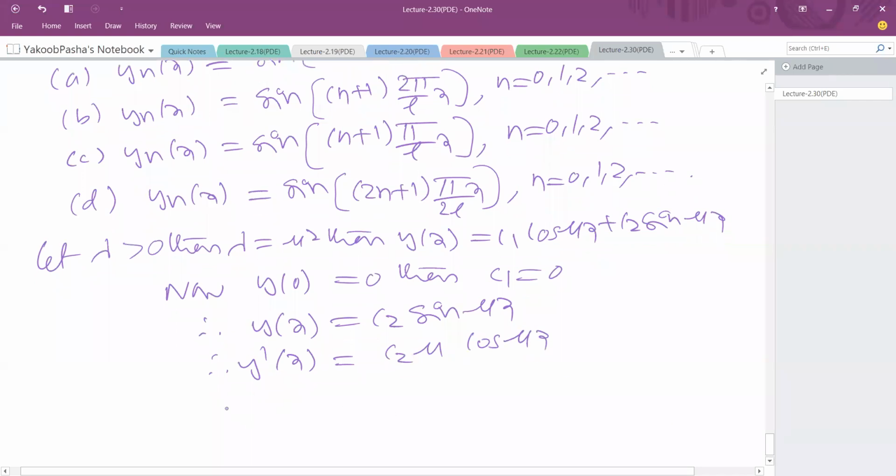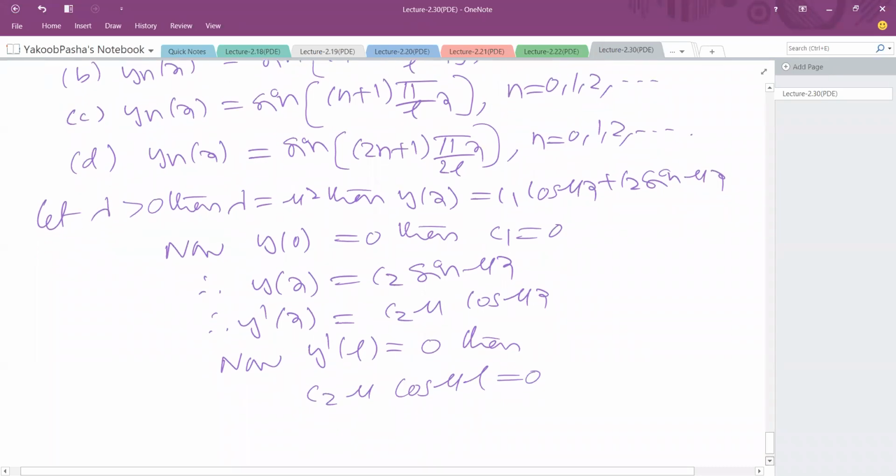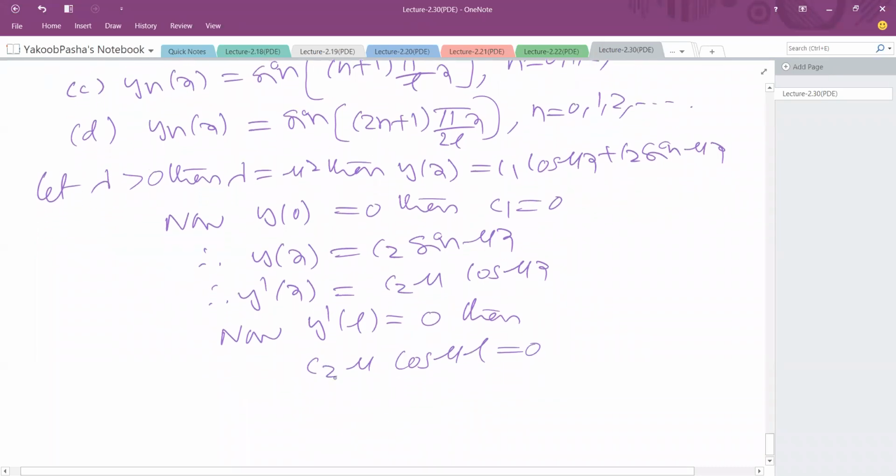Applying y dash of L equal to 0, c2 mu cos mu L is equal to 0. Here c2 is not equal to 0, and mu is also not equal to 0. If these are 0, we get a trivial solution, but we need a non-trivial one.